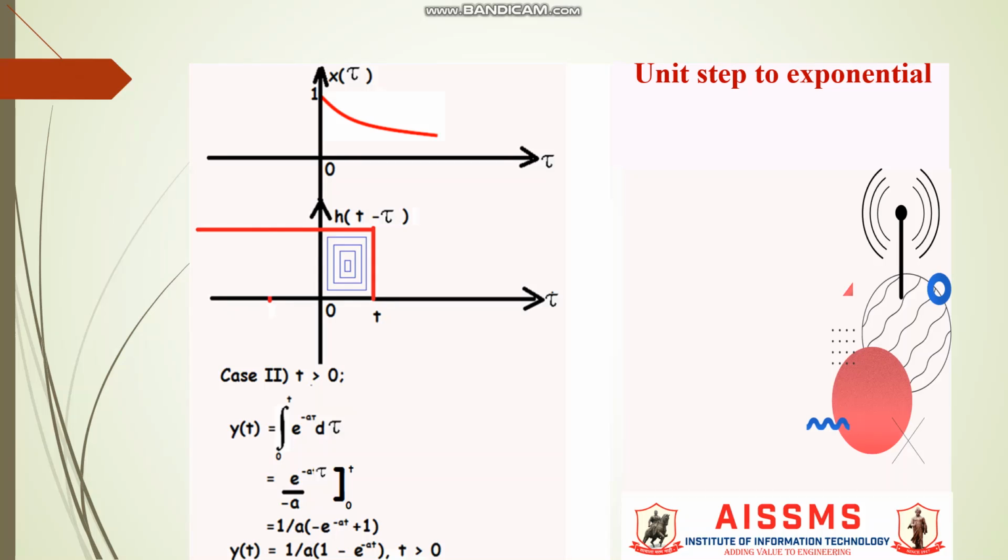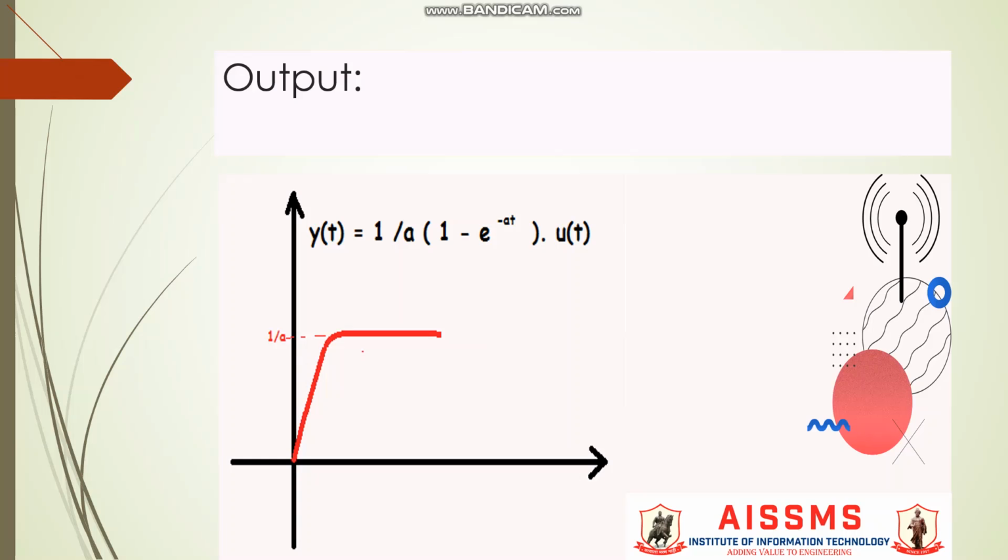Substituting upper limit minus lower limit, we get y of t equal to 1 by a into minus e raised to minus at plus 1. Rearranging the terms, we get y of t is equal to 1 by a into 1 minus e raised to minus at for t greater than 0. Let us sketch this output signal. So the sketch of the resultant output signal is as seen.